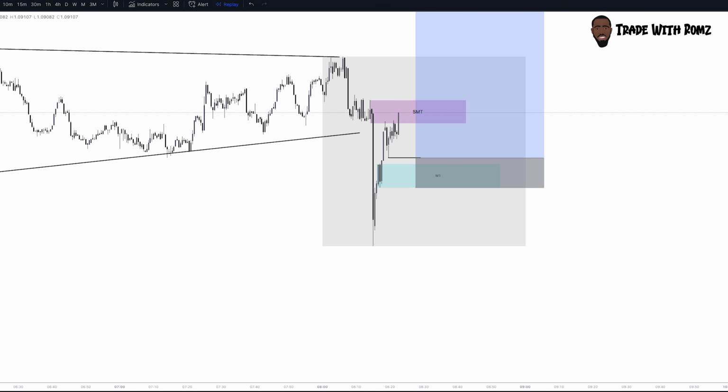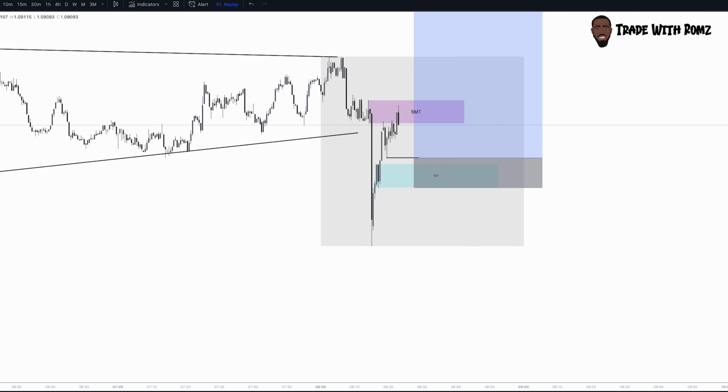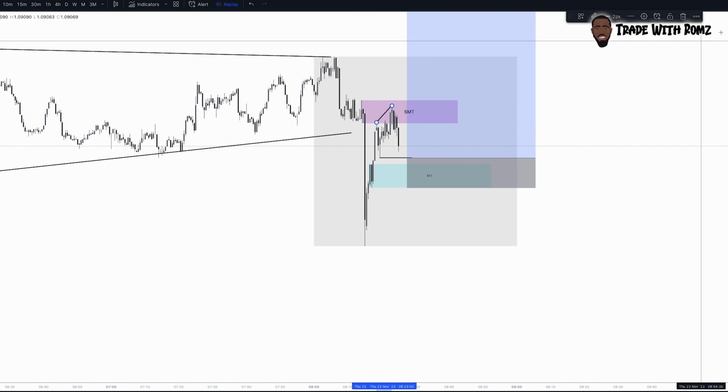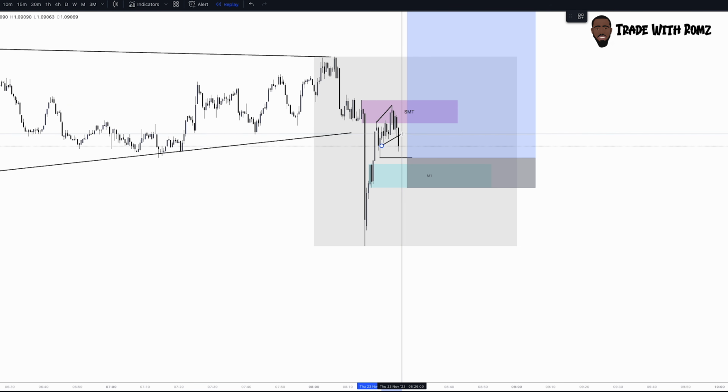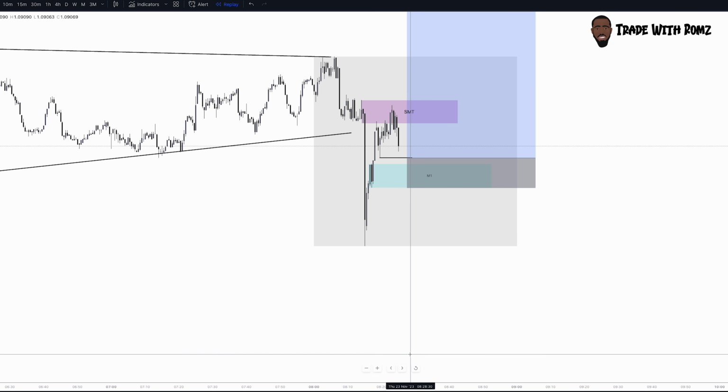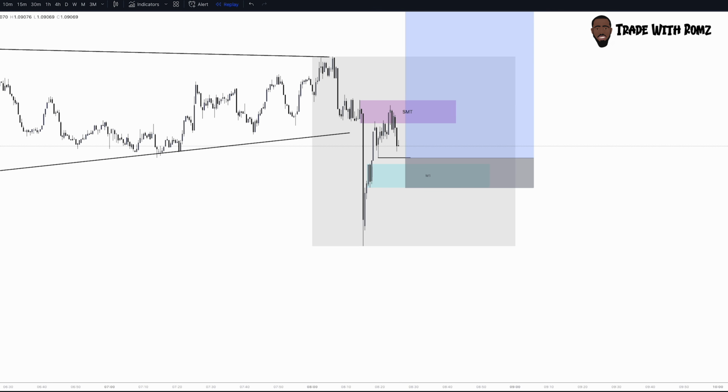So let's see it pan out a little bit. Market responds to the trap, comes back down. Everyone's thinking, okay, we're bearish, this is great. And what's even funny about this is you can see this is another channel that is creating as well, if you can see this, right? Anyway, price responds to the trap, price comes lower, and then let's see what happens.